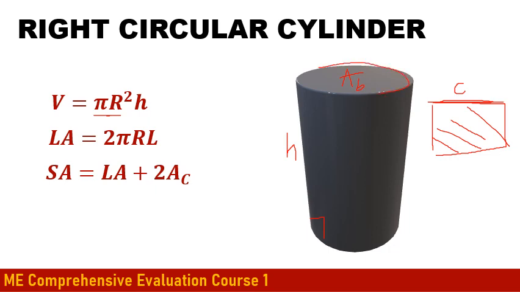So that is 2 pi r. Then the length here is actually this height also, so the lateral area is 2 pi rl. For the surface area, therefore, the total surface area is equal to the lateral area plus the area of the two circles at the top and at the bottom. So that's the surface area.